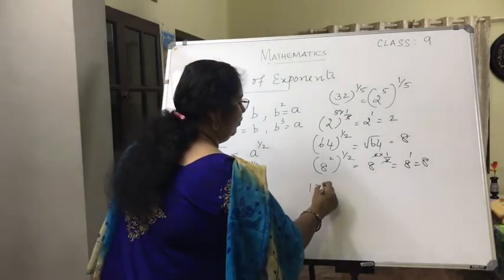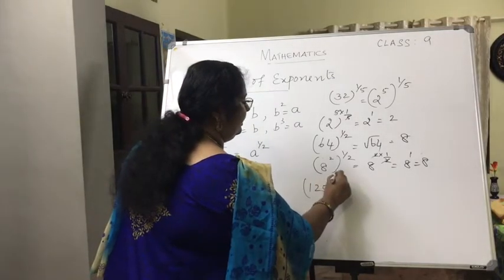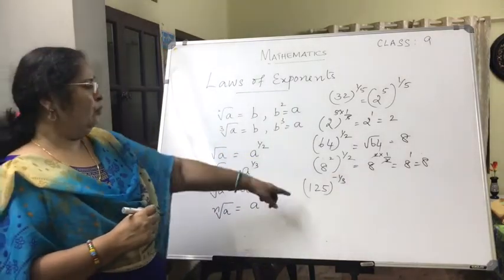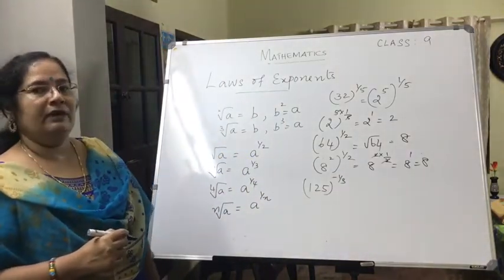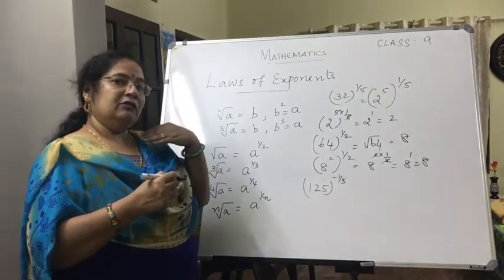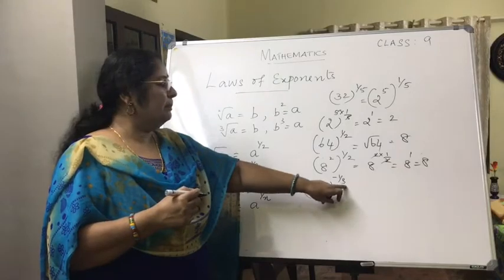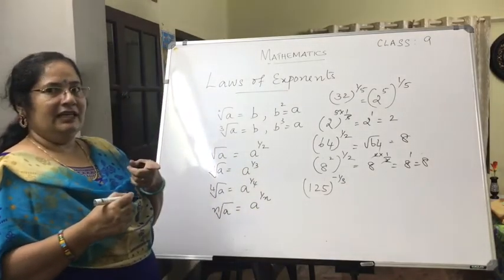Suppose it is 125 the whole raised to minus 1 by 3. So what do we have to think? You have to change this 125 in such a way that you will get the power as 3. So what number?